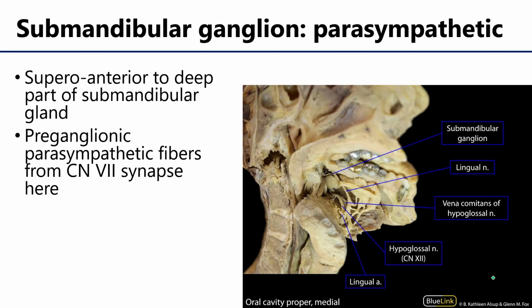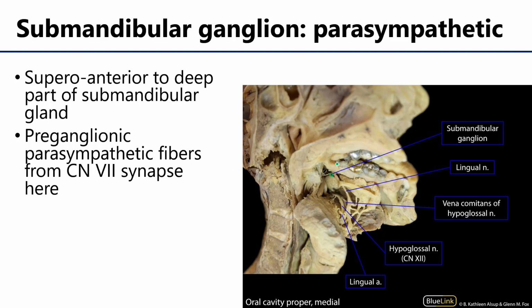And what happens is that just below the lingual nerve there is a tiny little ganglion just dangling there. And the preganglionic parasympathetic fibers of chorda tympani that are hitchhiking with the lingual nerve jump off the lingual nerve and go into the submandibular ganglion.